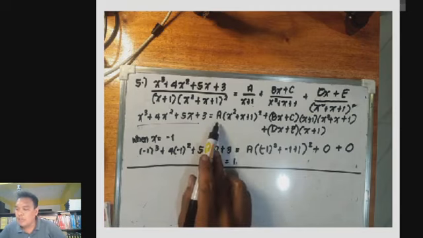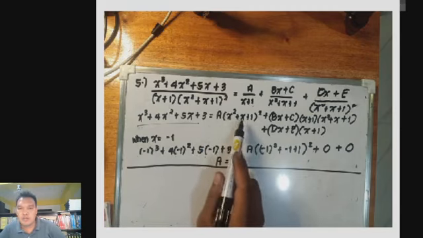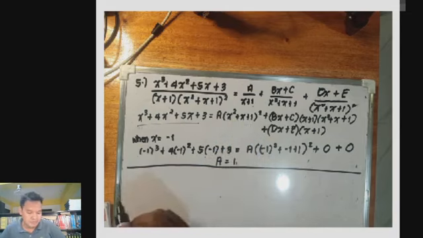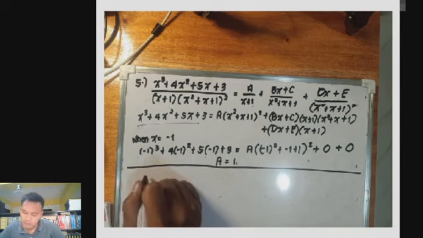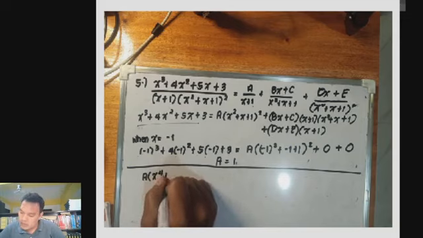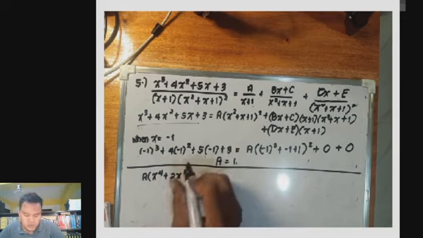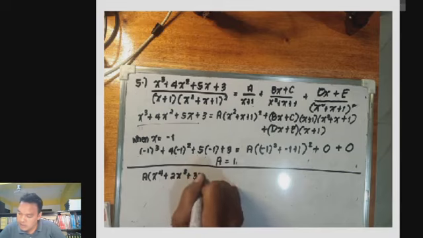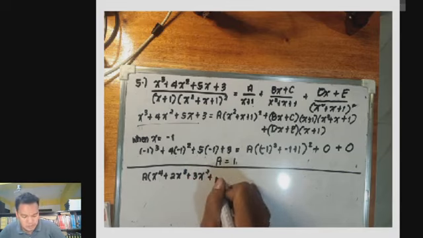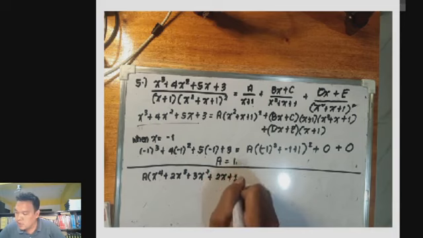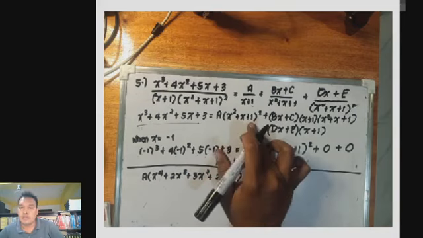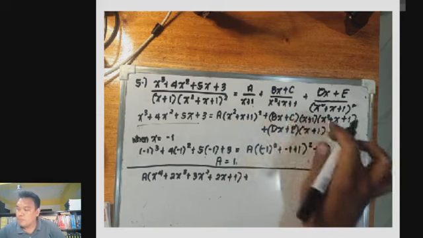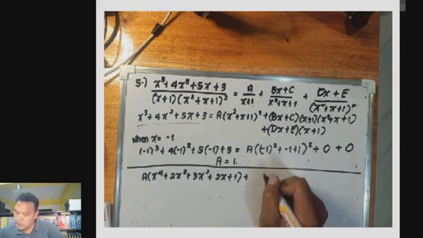Okay. We have A. Tapos ito, kapag kinumpute natin yan, x squared plus x plus 1, we have x to the fourth, a times x to the fourth plus 2x cubed plus 3x squared plus 2x plus 1. So, yun po ito. No? Plus, ito, pag minultiply ko yan, lalabas we have bx plus c.